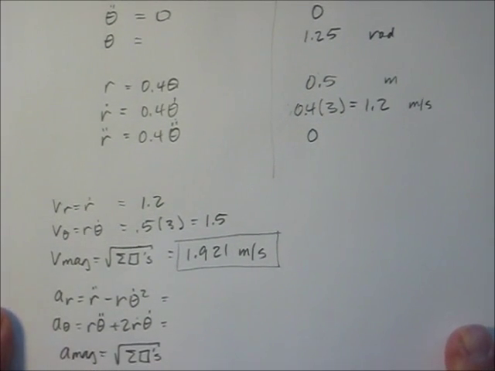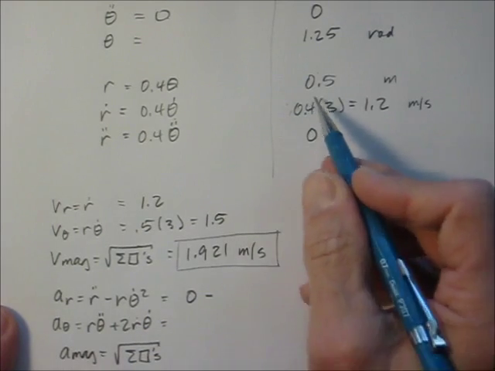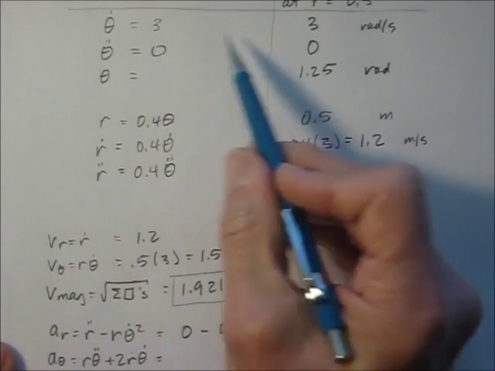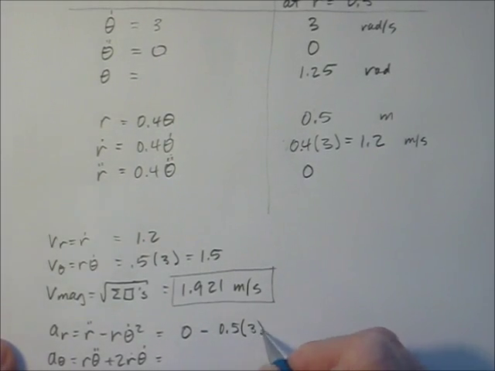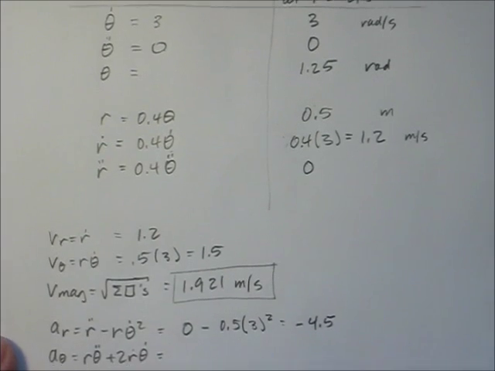All right, how about acceleration in the r direction? R double dot minus r theta dot squared. Now r double dot was equal to 0, so that makes that term easy. Minus r is 0.5, and theta dot squared is 3 squared. And so that's equal to negative 4.5.